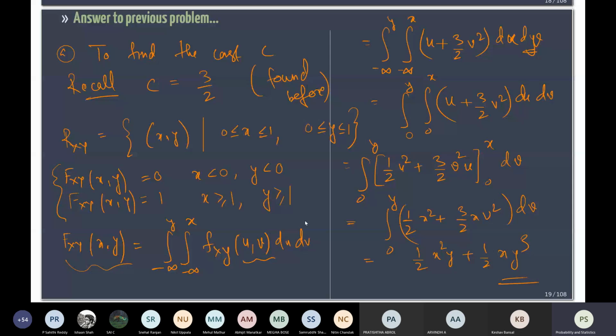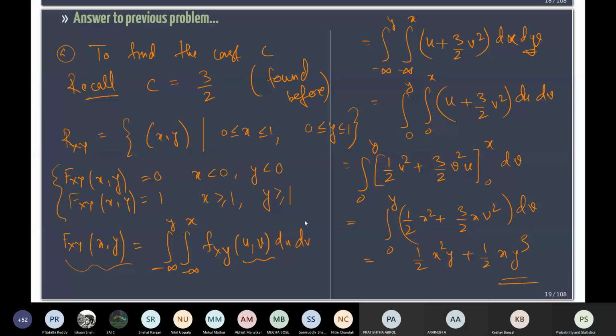Okay, so this is the CDF of x and y, and in the other cases also.